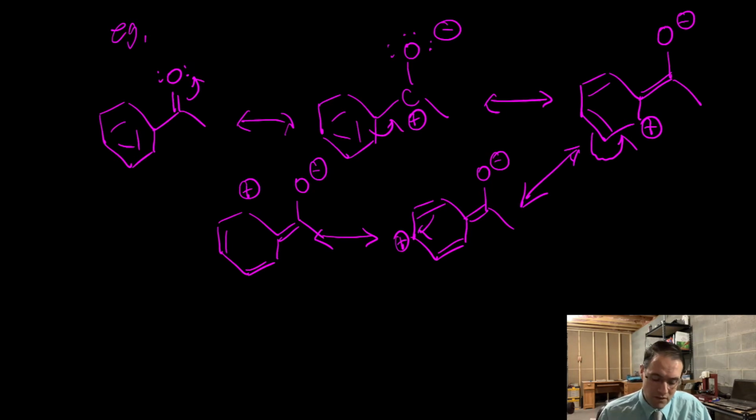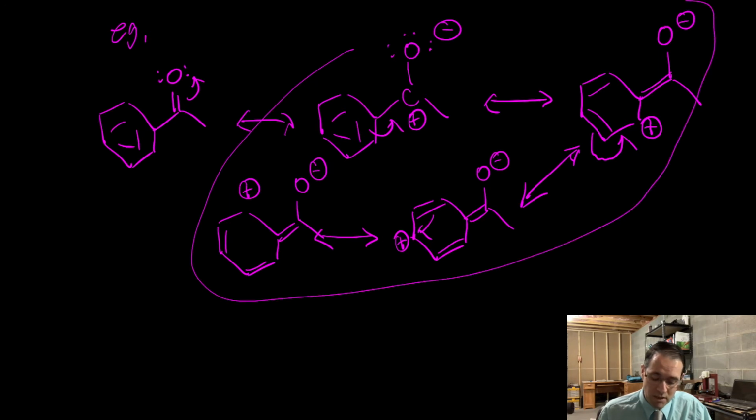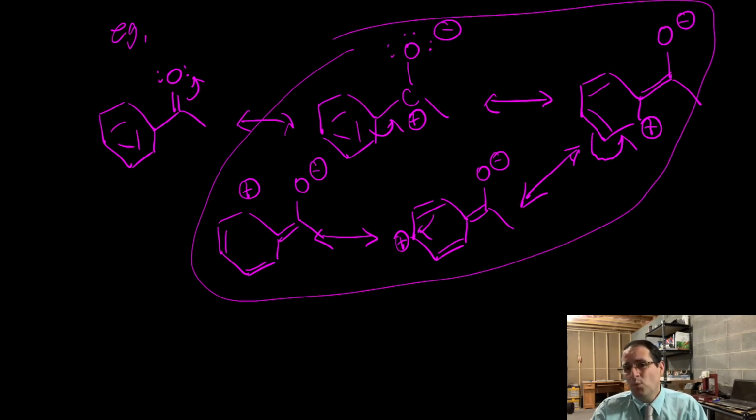And then there's the last one where you can just move the double bonds around the benzene ring. So we've got several different resonance structures here, and you'll notice that the +1 formal charge, aside from being at the benzylic carbon, is always located at the 2 ortho carbons or the para carbon. But what I want you to realize here is that we are removing electrons from the benzene ring.